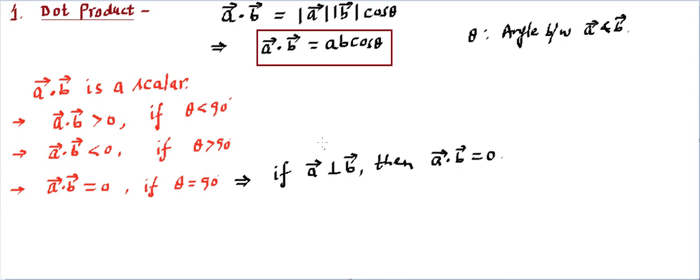Now this is going to be widely used in future, and many times there have been questions in the examination based on this. So it will ask you to find some value if vector A and vector B are perpendicular to each other.